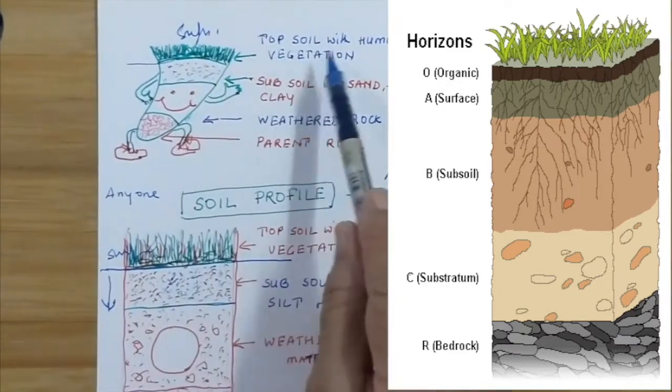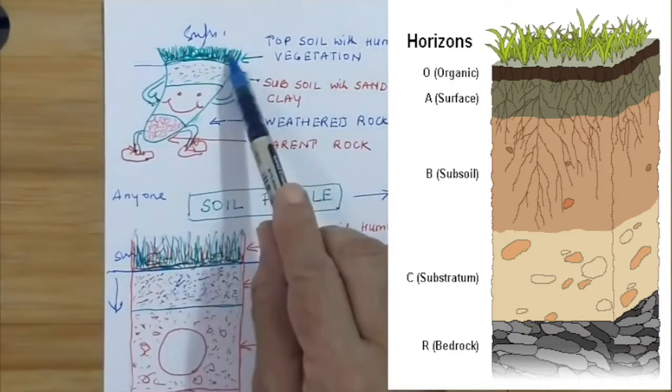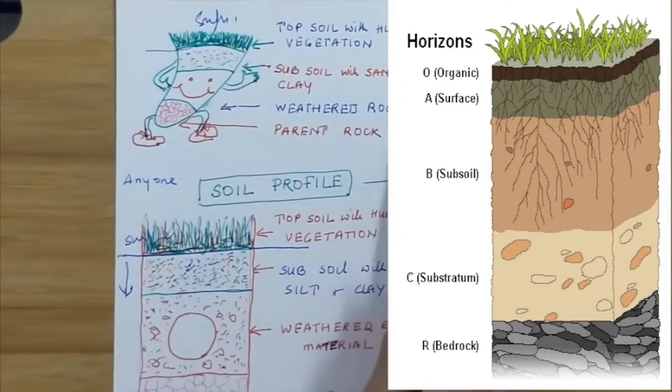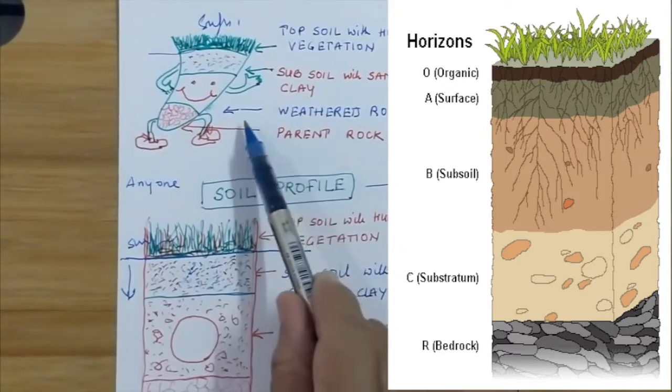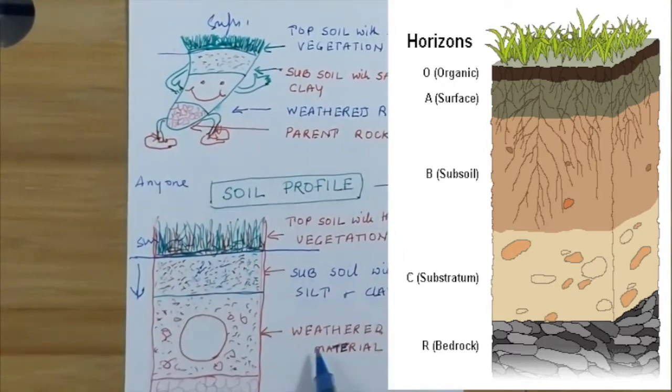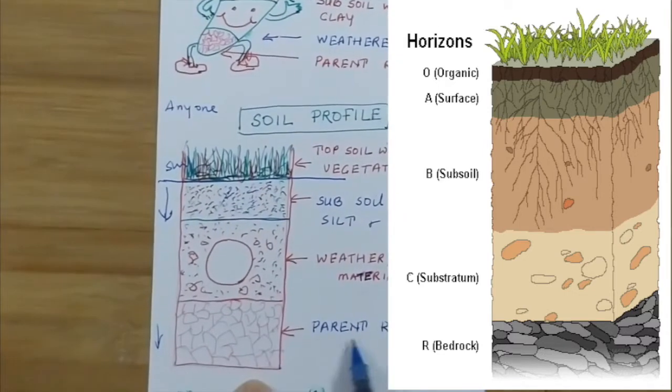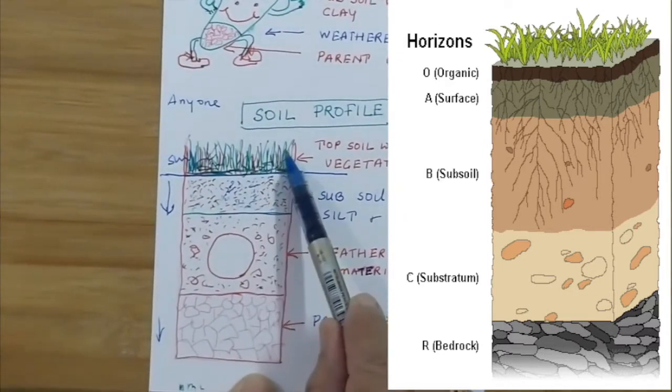First is topsoil with humus and vegetation. Second is subsoil with sand, silt and clay. And third is weathered rock material. And last is parent rock from where the soil is coming on the top.